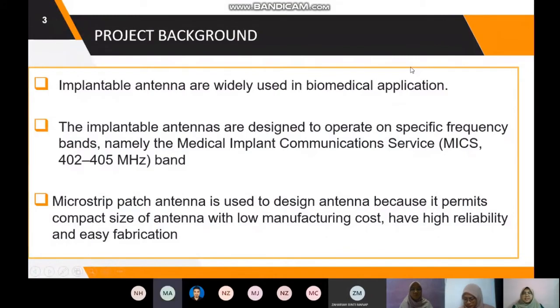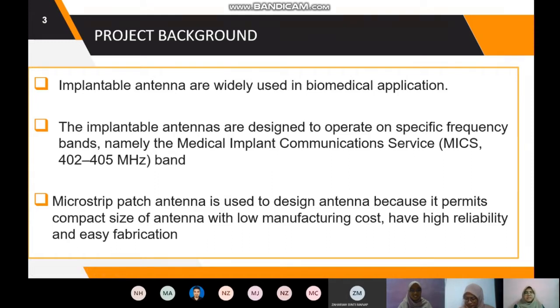So second, the implantable antenna is designed to operate on a specific frequency band, namely the Medical Implant Communication Service (MICS), at 402 to 405 MHz. A microstrip patch antenna is used because it permits a compact antenna size with low manufacturing costs and easy fabrication.